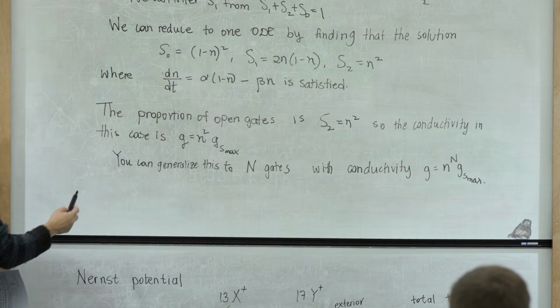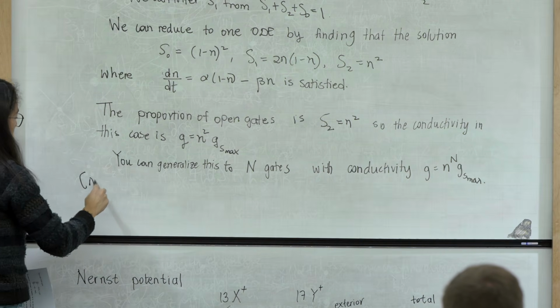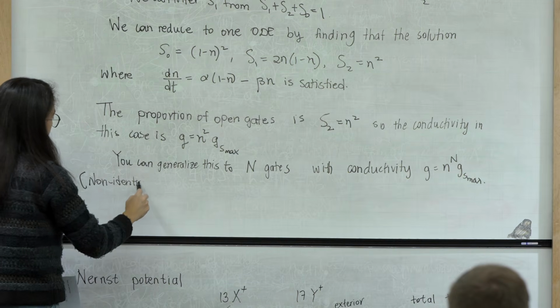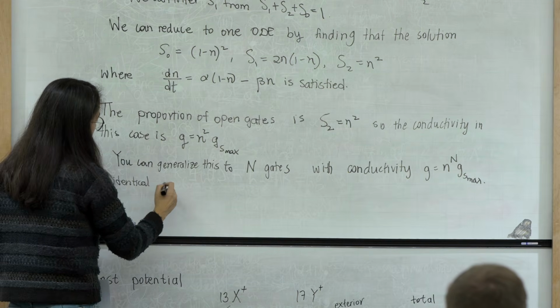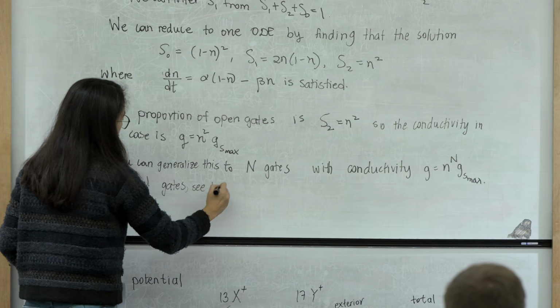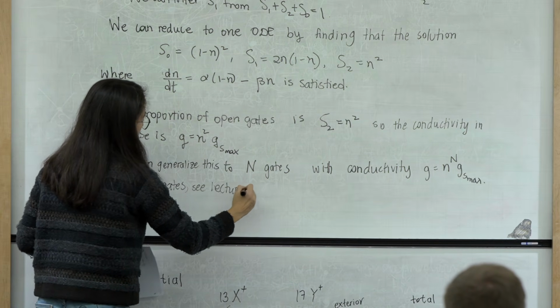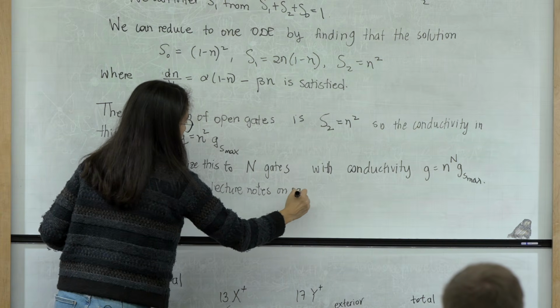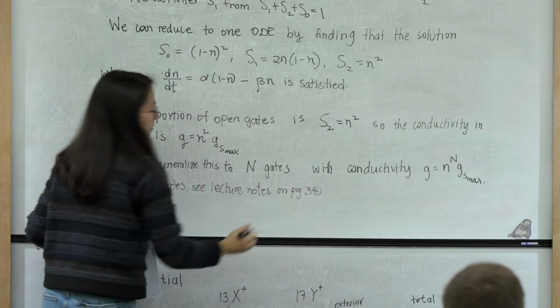And then if you want to look at non-identical gates, you can also take a look at the typed lecture notes. I think it's on page 34, but we're not going to cover it in class.